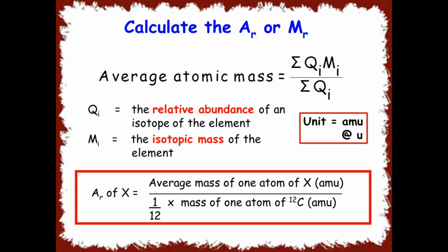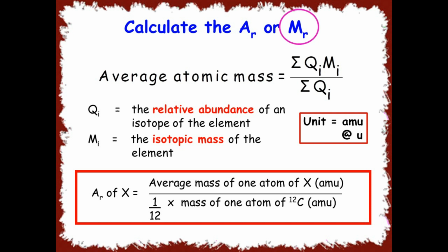Next, substitute the value of the average mass of one atom of X in the formula of relative atomic mass and substitute the value of mass of one atom of carbon-12, which is 12 amu. Finally, we get the relative atomic mass of X. How about the calculation of relative molecular mass?